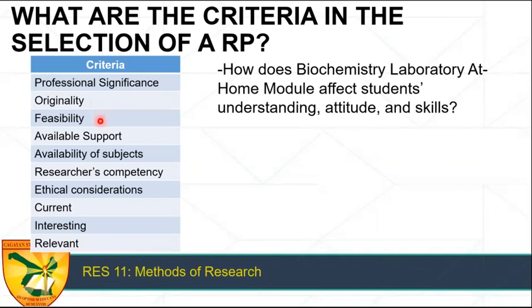So next is feasibility. A research should be feasible in terms of time, availability of subjects, facilities, equipment, money, and ethical considerations. For time, is it feasible for one semester or 4 months?